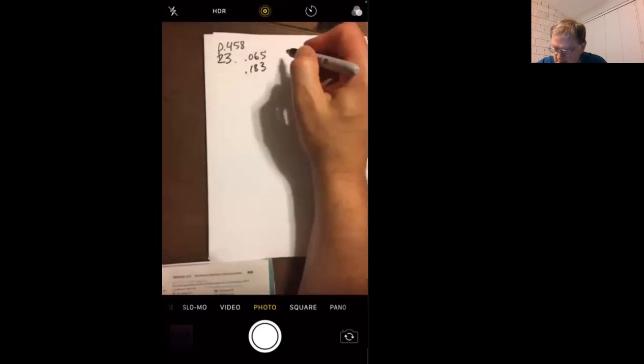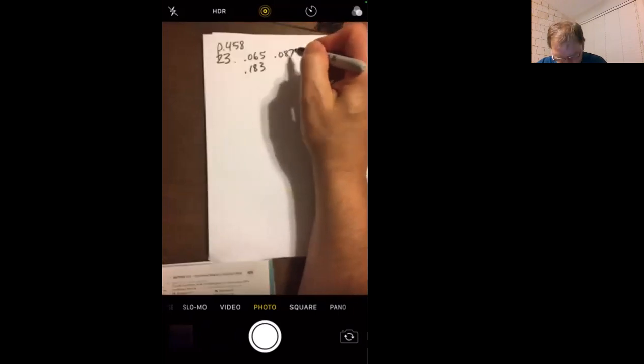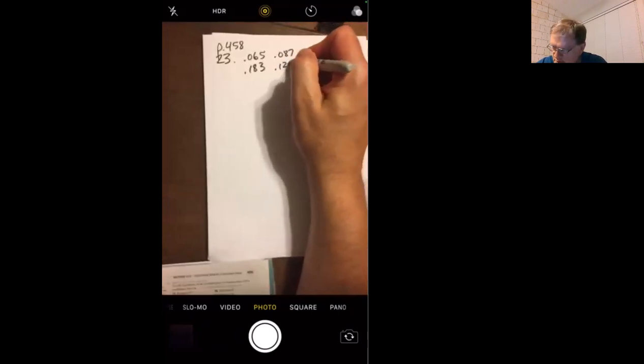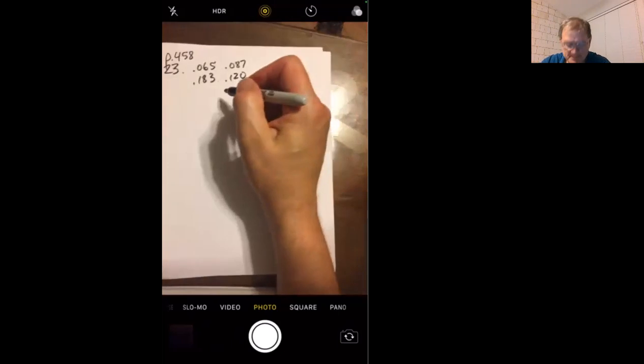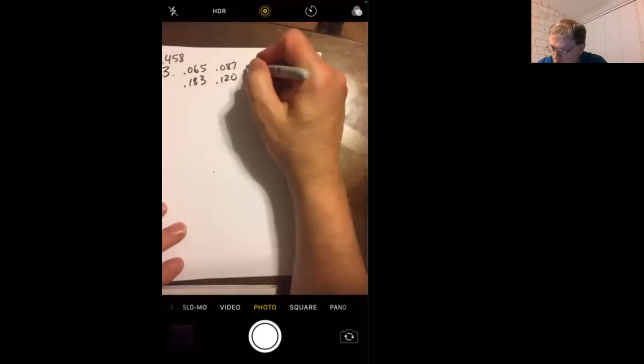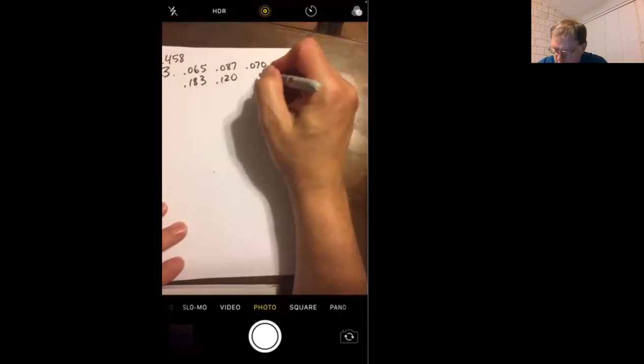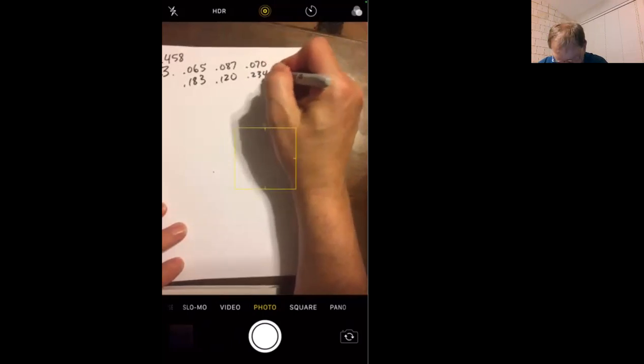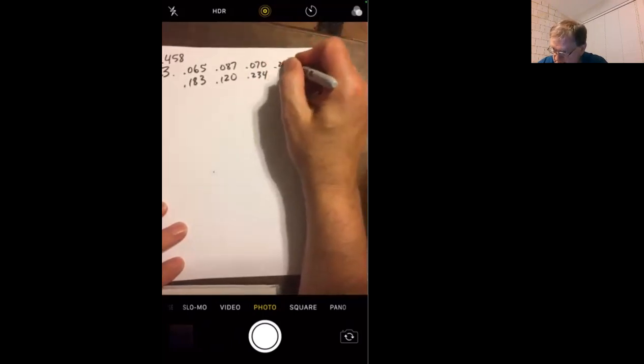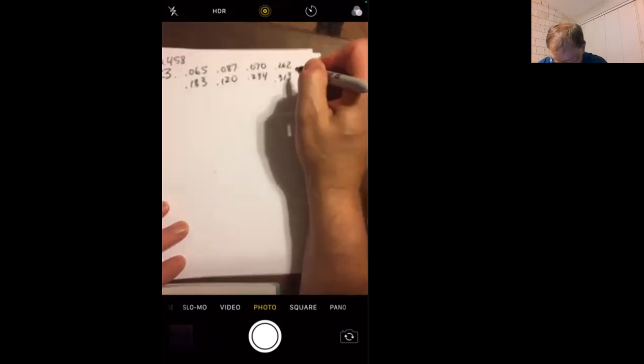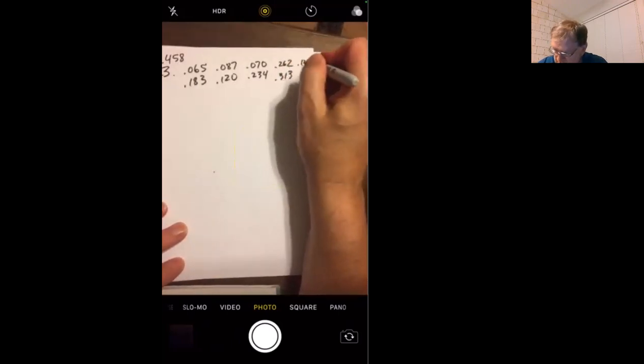0.183, 0.87, 0.20, 0.070, 234, 262, 313, 126, 108.